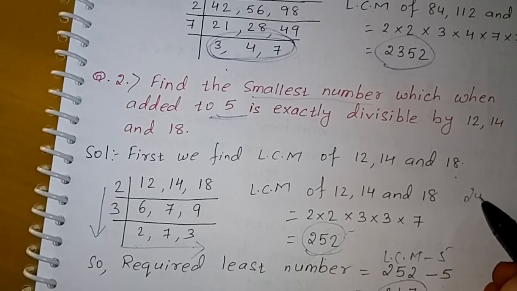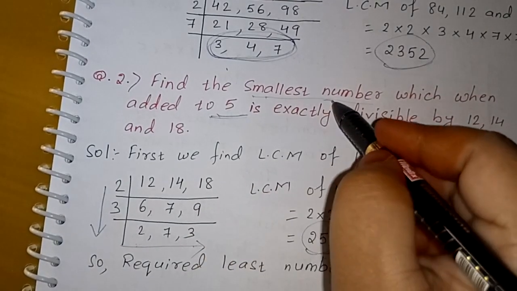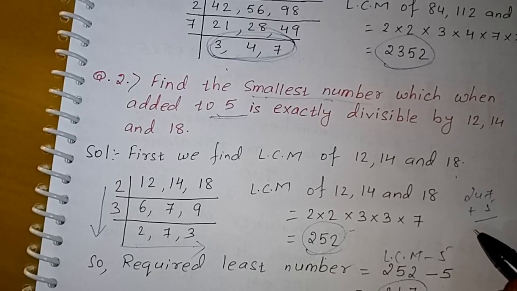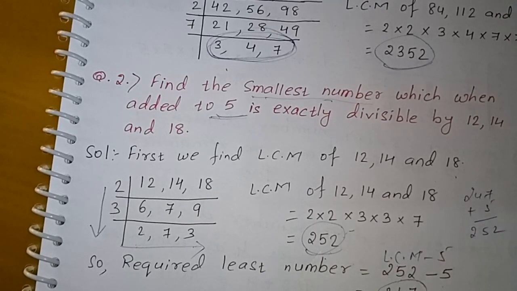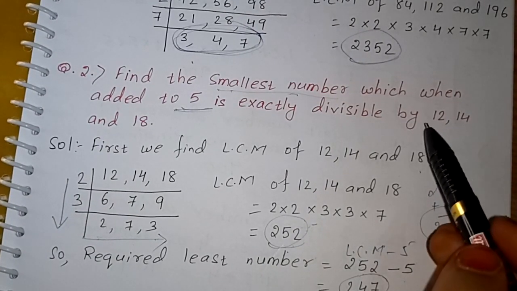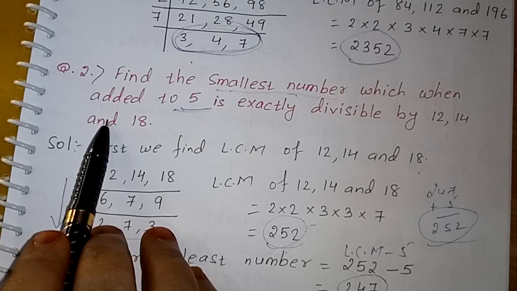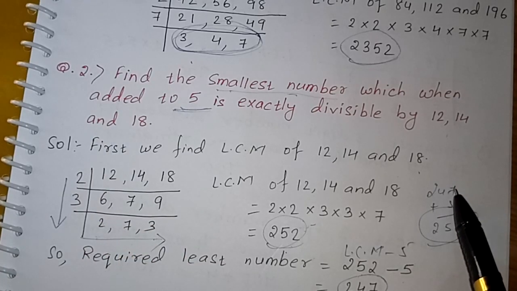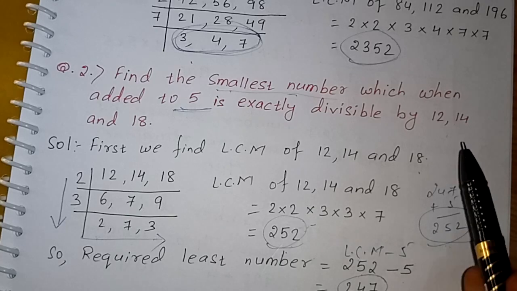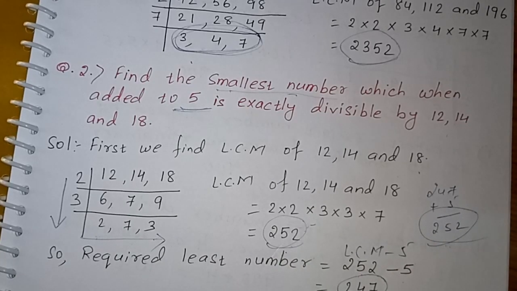So 247 is the smallest number which, when you add 5, becomes a number divisible by 12, 14 and 18. So 247 is the smallest number. When you add 5, it becomes the LCM of 12, 14 and 18. Clear, children?